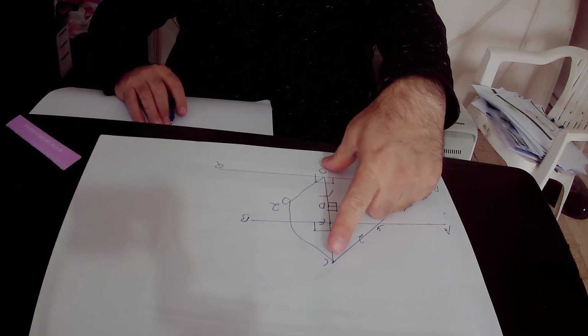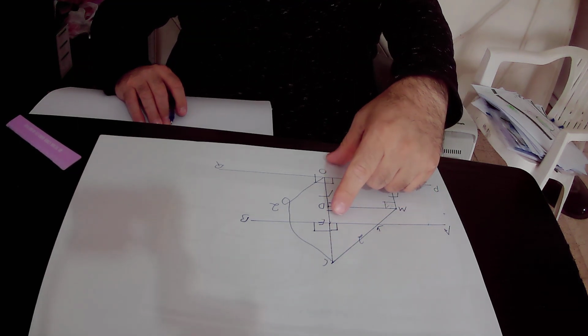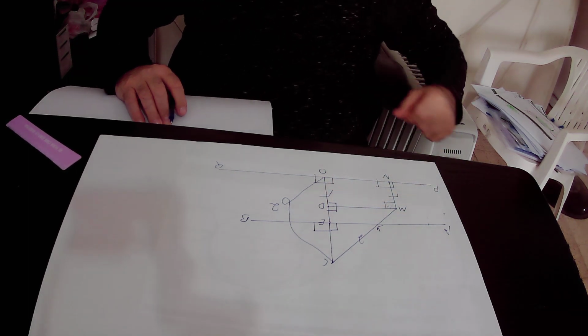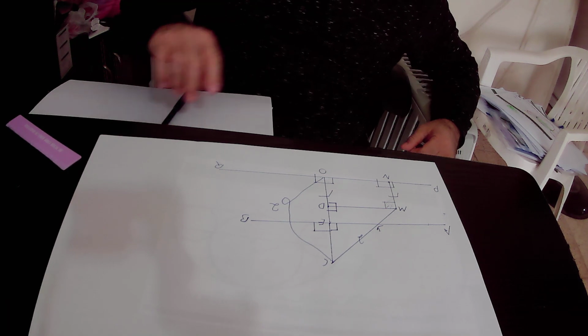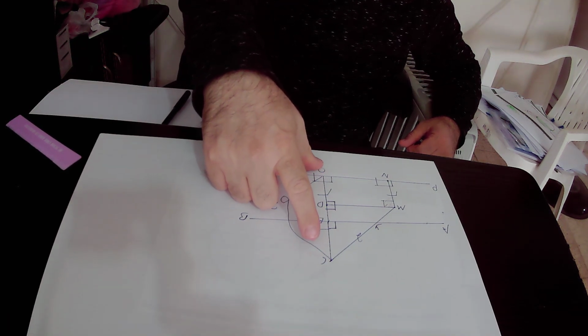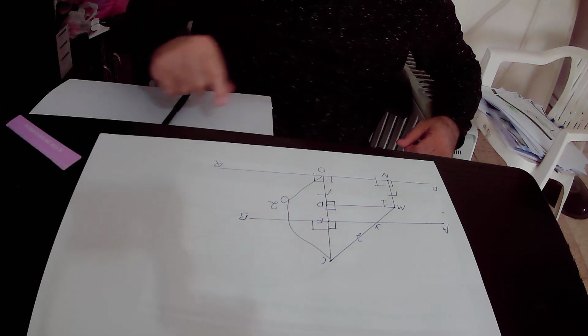So CO minus DO equals CD. Okay, again, CD equals CO minus DO.